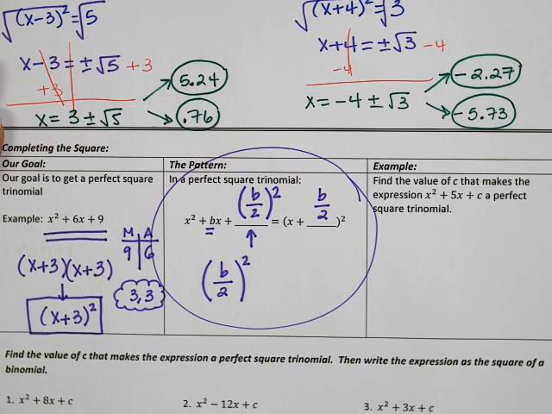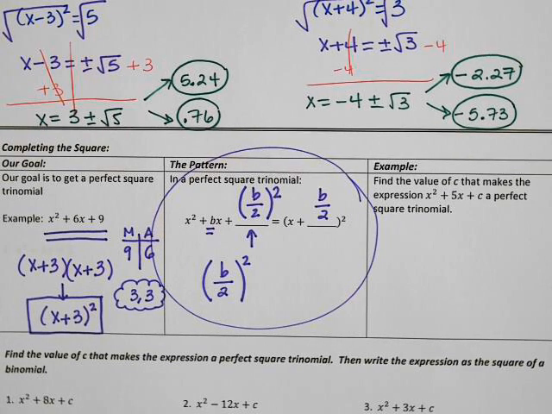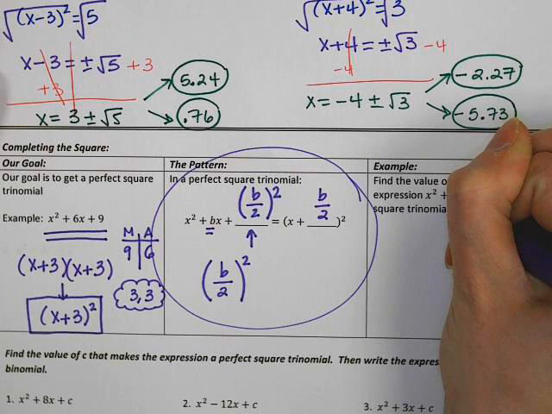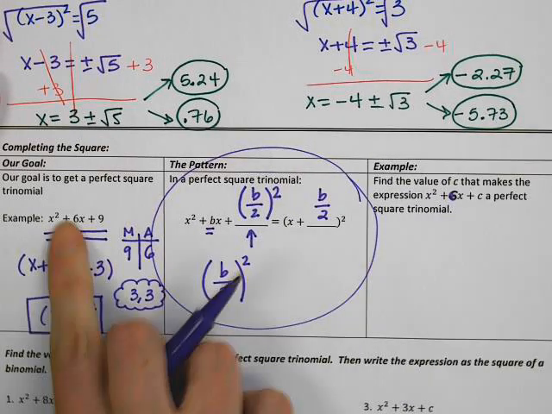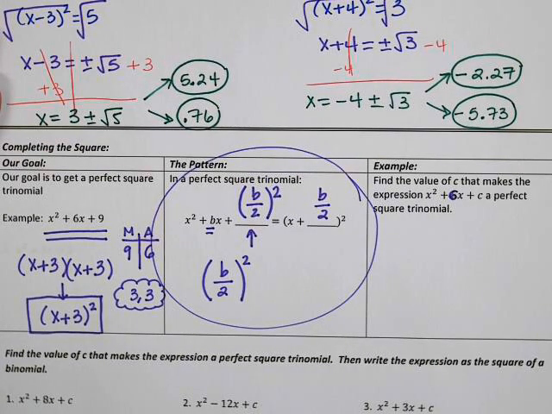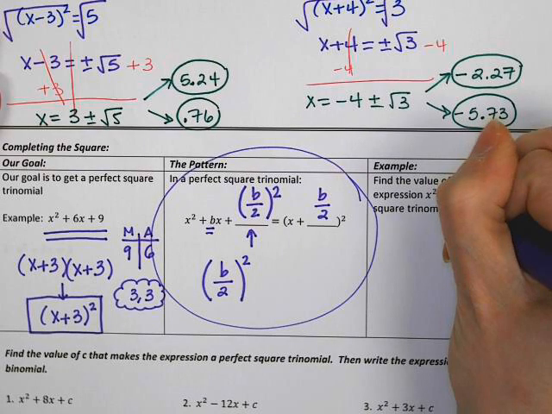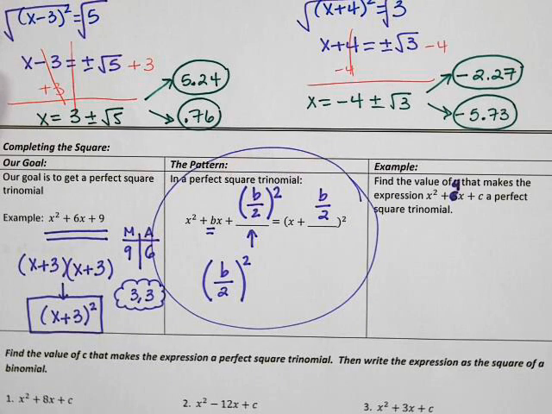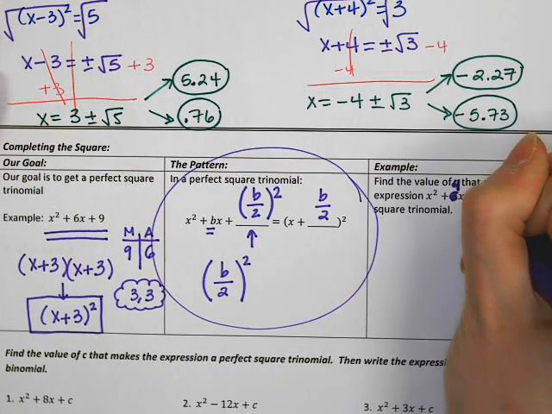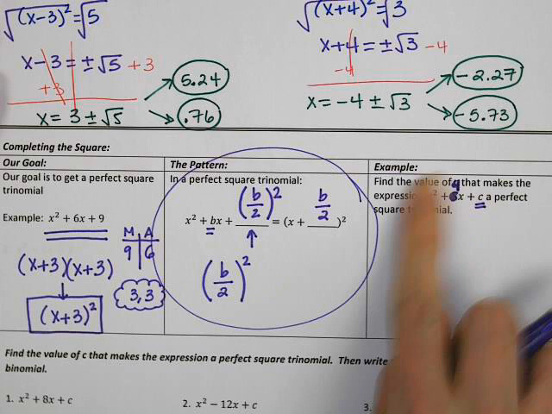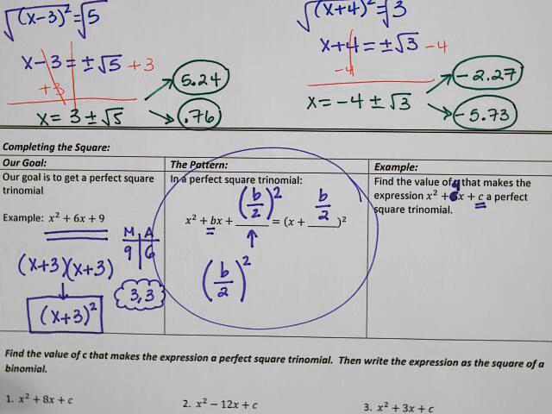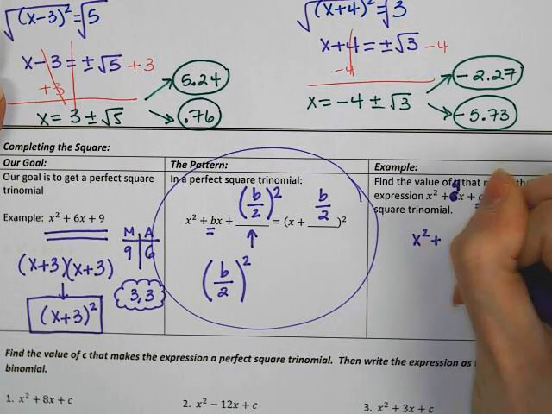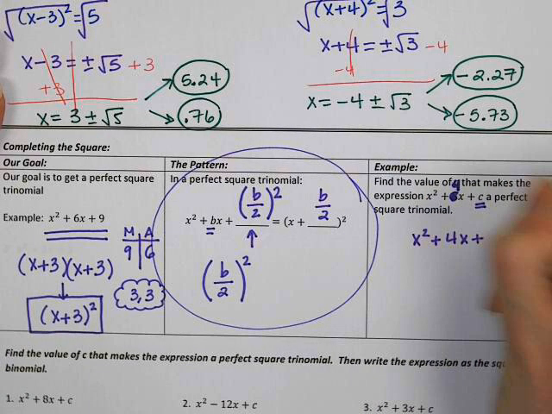All right, let's do an example. I don't like this example, so I'm going to change it. Let's make it a 4. We don't want the same problem. It says find the value of c that would make this a perfect square trinomial. So I'm going to rewrite it: x squared plus 4x plus blank.